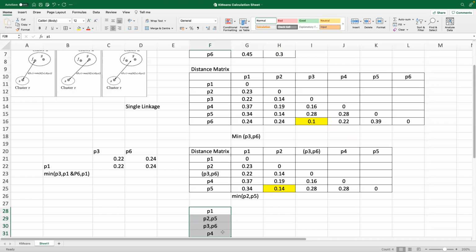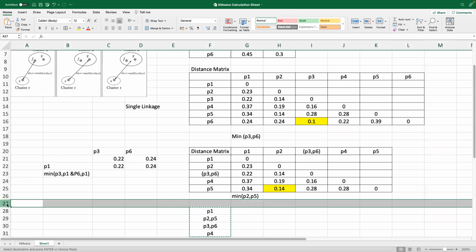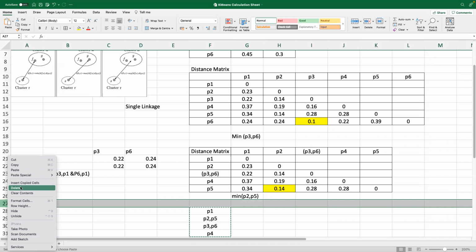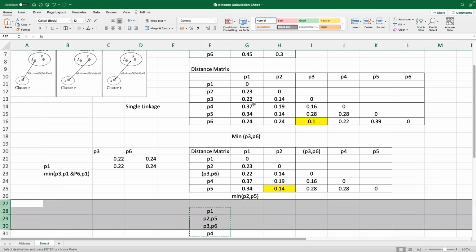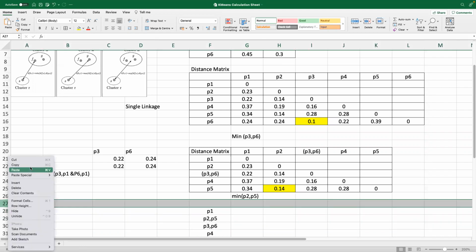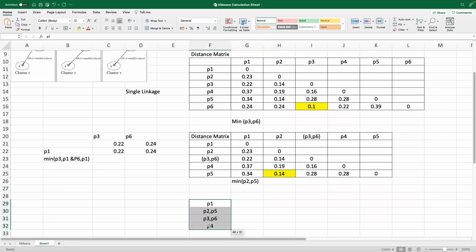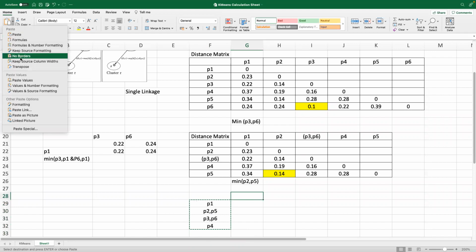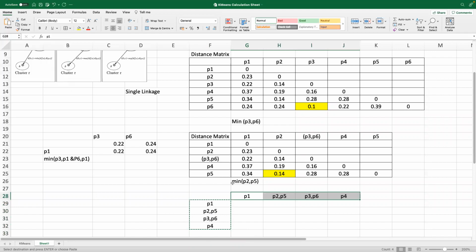We will take these values, Control C, insert. Okay, this is the new matrix.